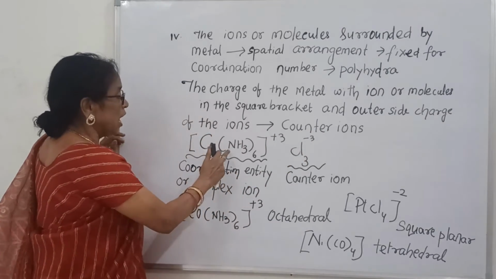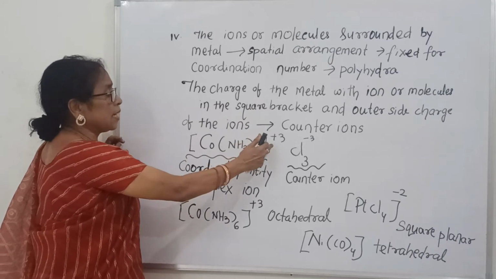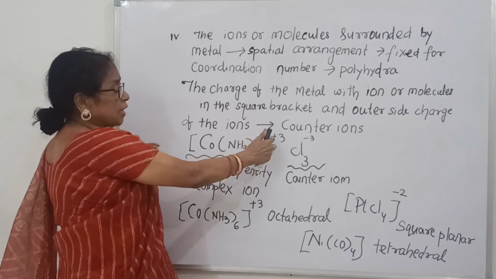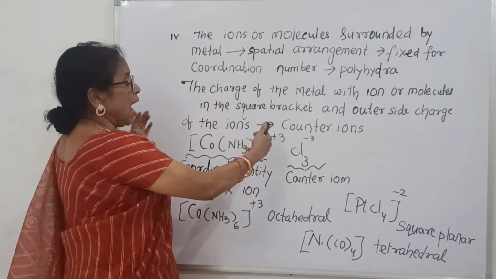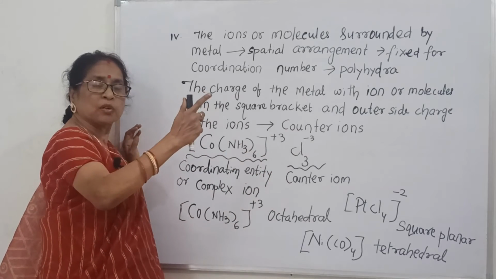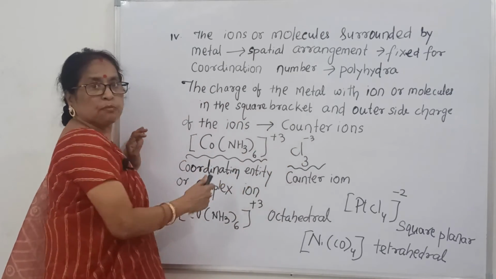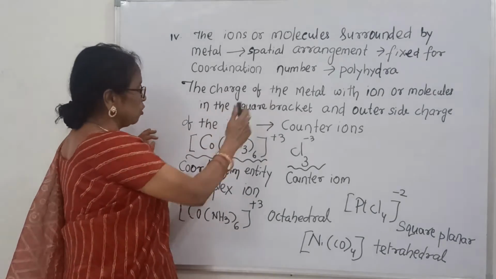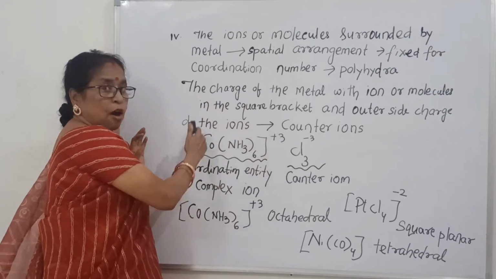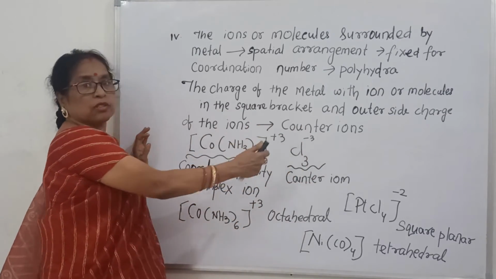Now you can see 6 ammonia molecules surrounded by cobalt having charge +3, and that is counteracted by the chloride, 3 times -1, so it is -3. So the most important point is that the charge of the complex ion is counteracted by the outer side ion.